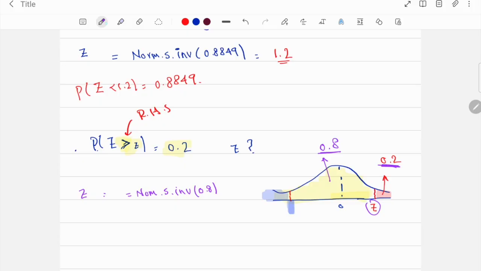We plug in 80% to get the z, and we get 0.8416. So how to put this together? The probability of Z greater than 0.8416 is 20%. So you have to make sure that you get the difference between the previous example and this one.